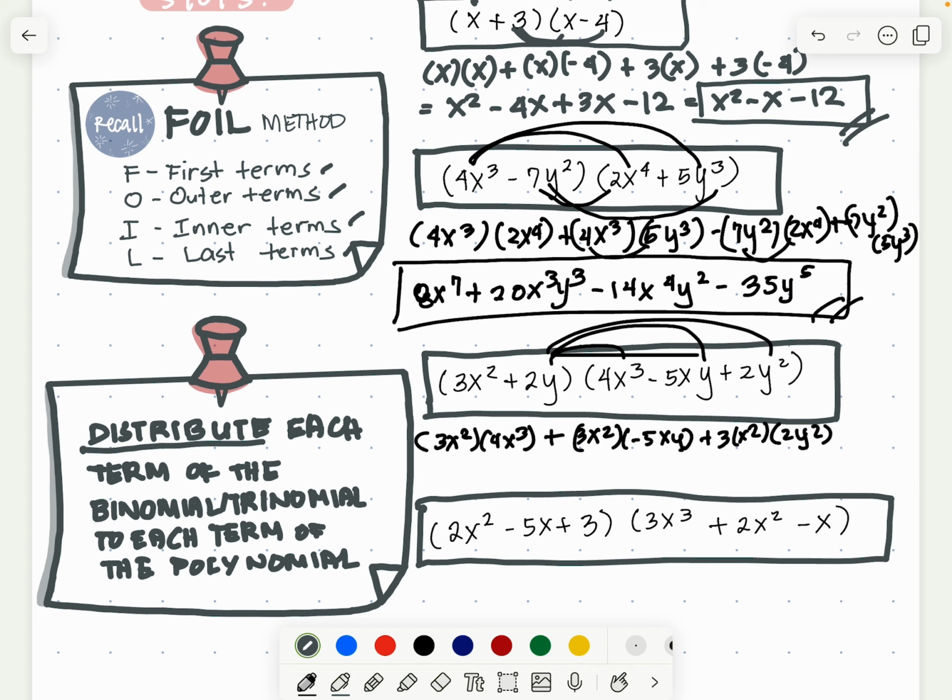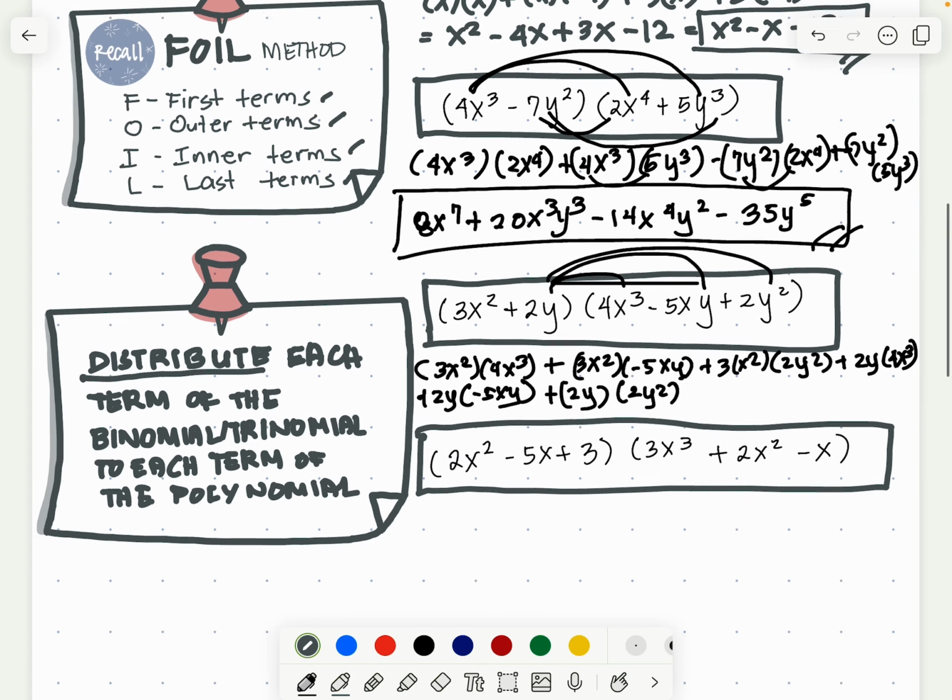So you have here plus 2y times 4x cubed, plus 2y times -5xy, plus 2y times 2y squared. And then let's simplify this since I don't have space here.